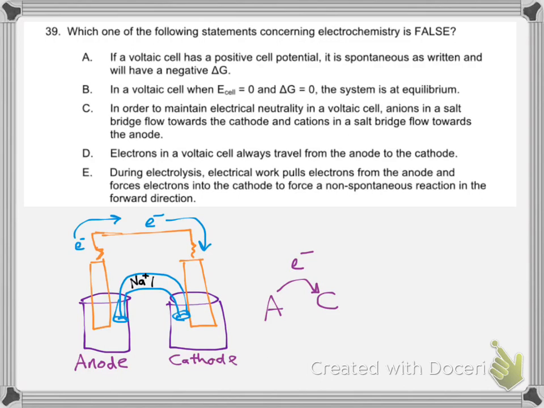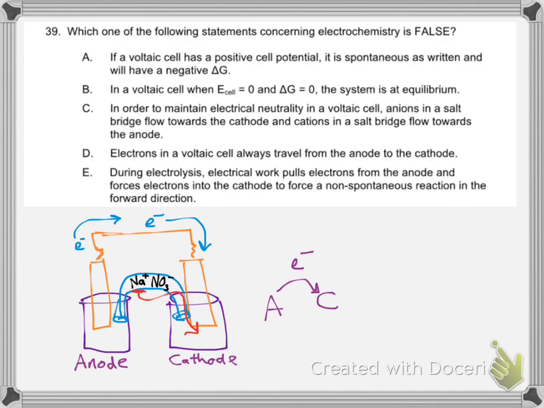Na+ and NO3-. The idea behind the salt bridge is that the cations will move into the cathode, because that way the cathode doesn't build up a negative charge.